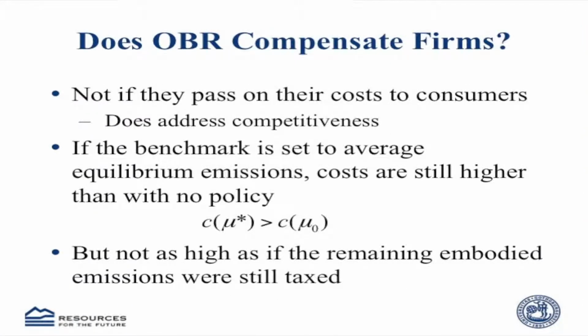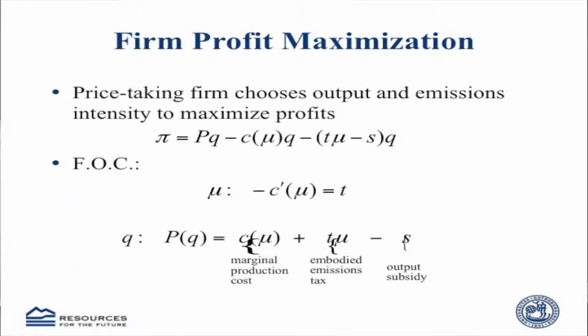Okay, so does output-based rebating compensate firms in the same way as grandfathering? So what do you think in this model? What does it do to firm profits? Okay, so remember our equilibrium condition here.